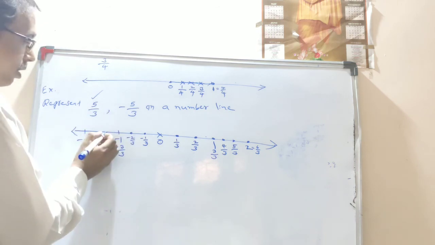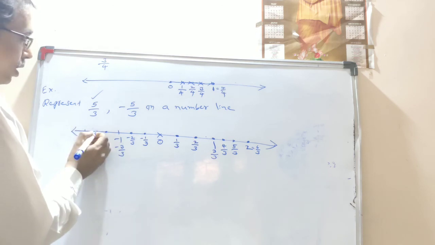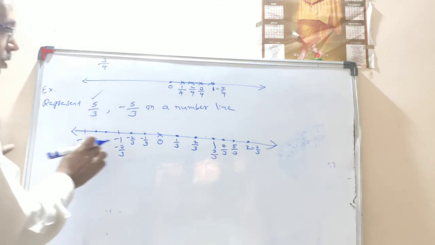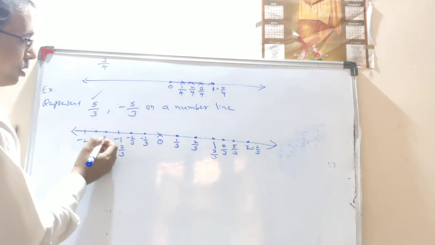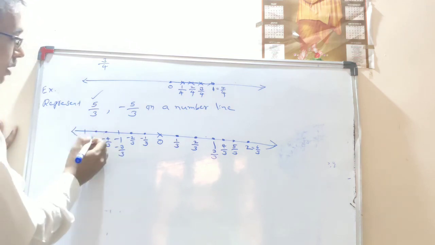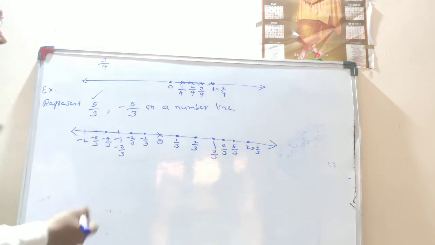Again -1 to -2 we divide into 3 equal parts. After -3/3 we get -4/3, and then -5/3. Like that you can easily represent -5/3 on a number line.